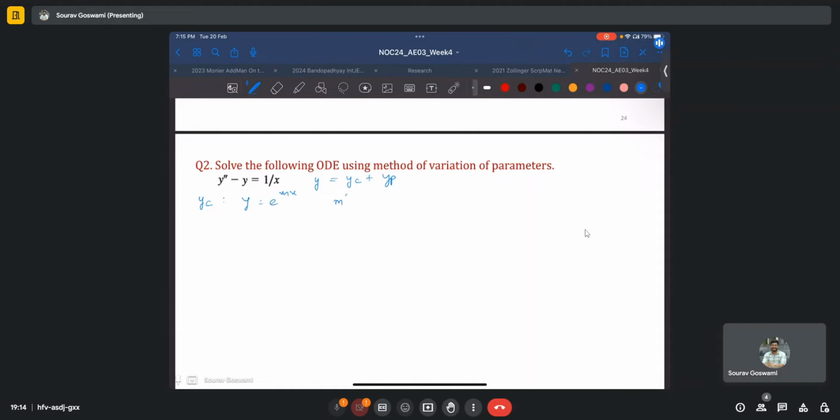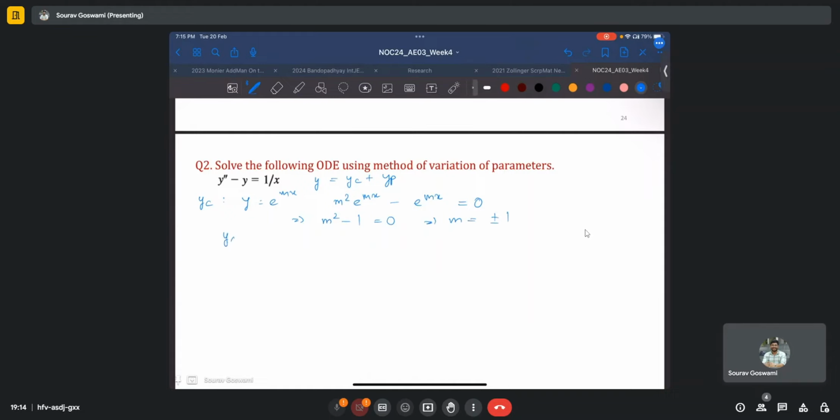Substituting, m square e power mx minus e power mx equals 0. Because we solve it for the homogeneous equation, this implies that m square minus 1 is 0, or m is equal to plus minus 1.